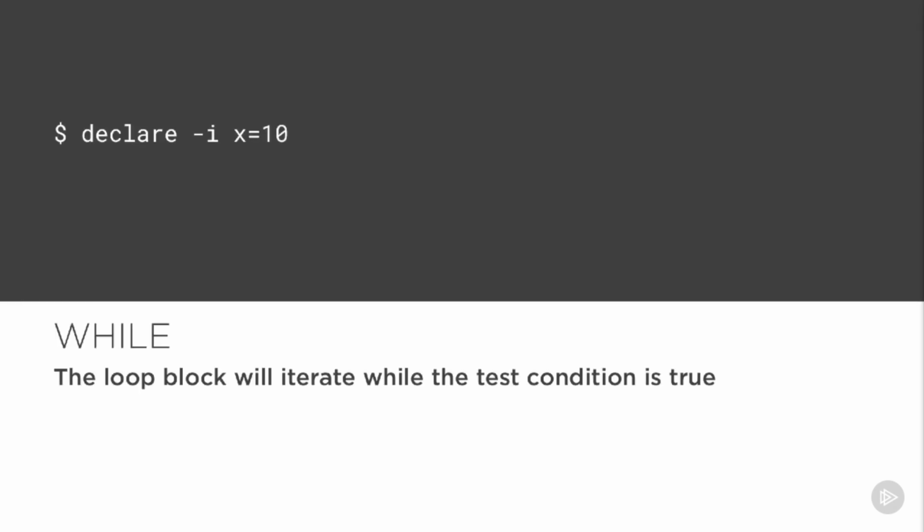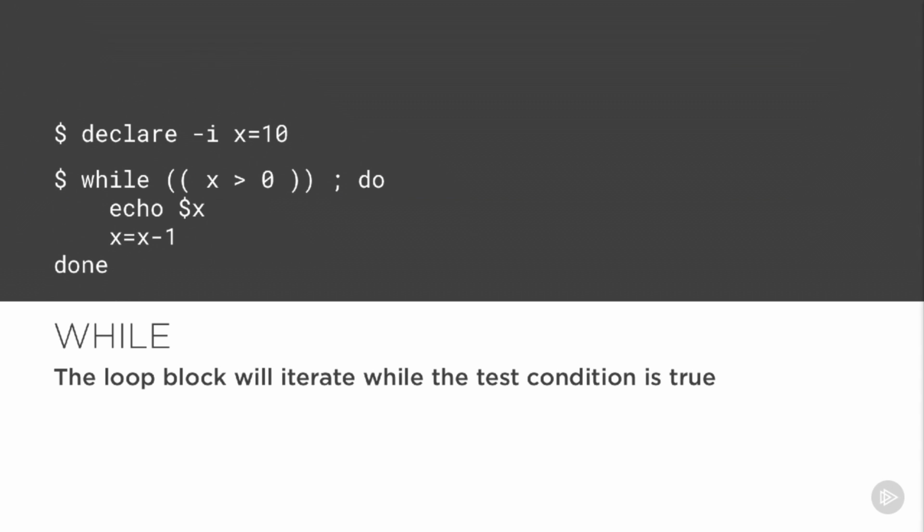So taking a look at the while loop, it would be very easy for us to use the declare command and set up an integer variable that we're just calling x, simple number. As we then go through in our looping structure, whilst x is still greater than 0, we can go through our looping structure. The looping structure will start with the keyword do and end with the keyword done.